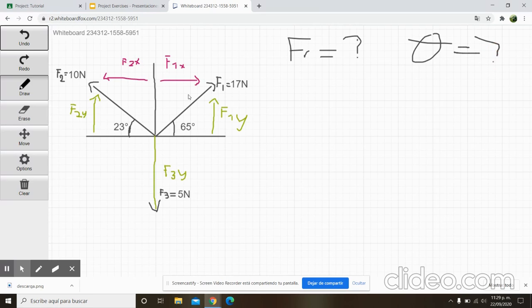Okay, so now that we have this, we're going to separate first the force y vectors.